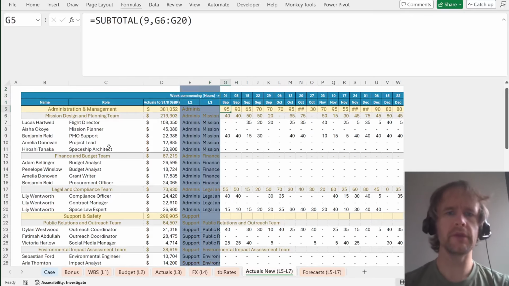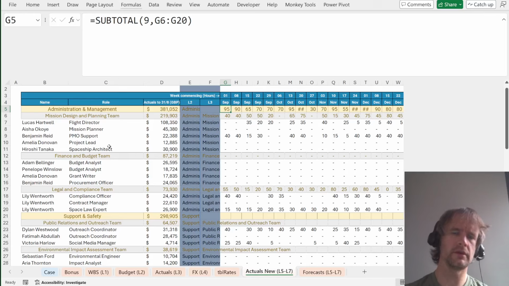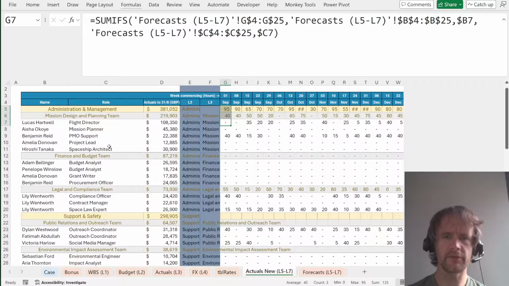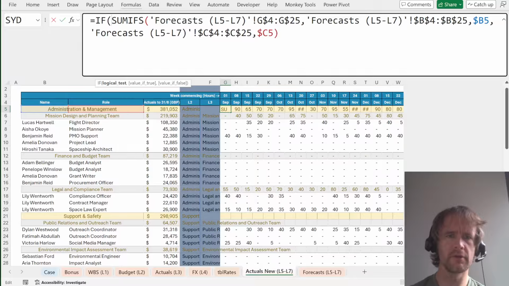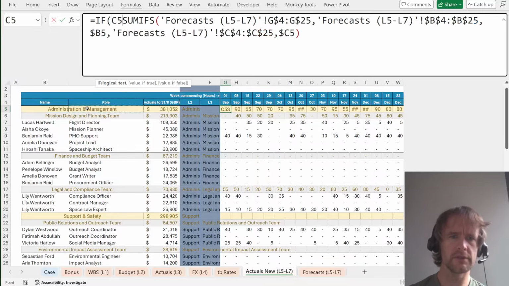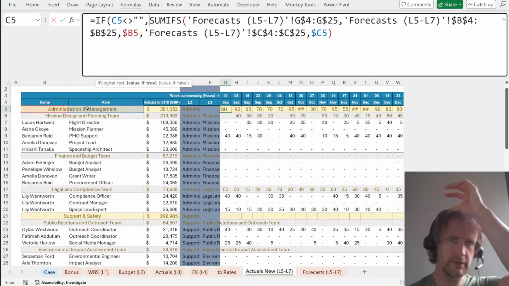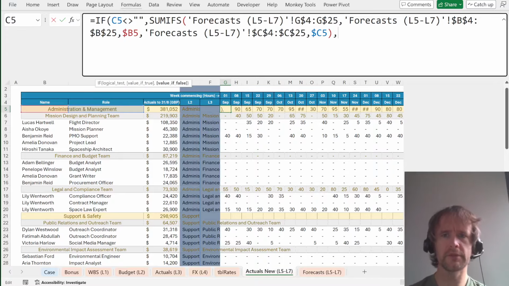Okay, so now we're going to take this formula and generalize it. So we're going to say if this is not equal to blank, then we do all that SUMIFS.